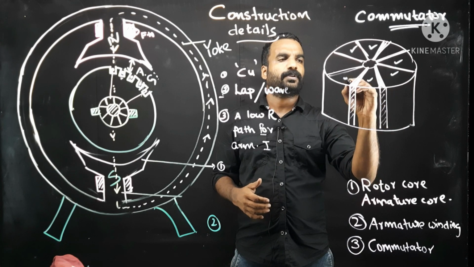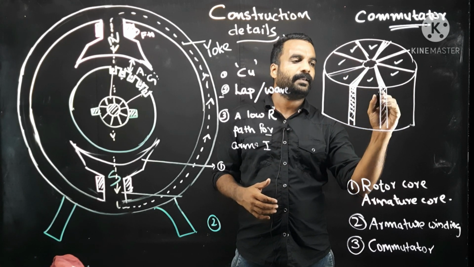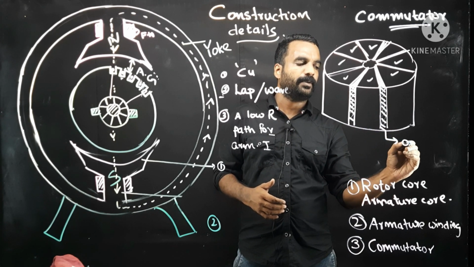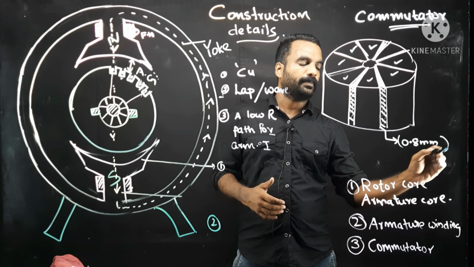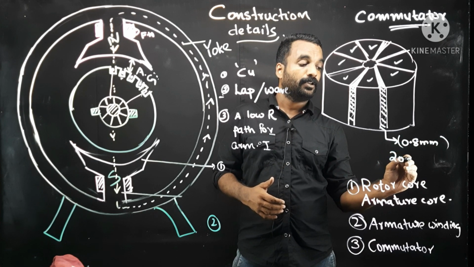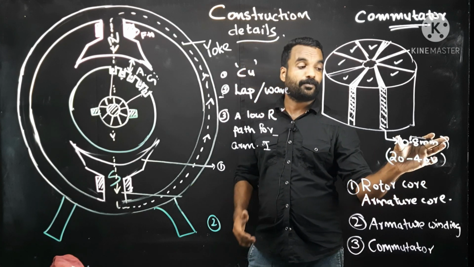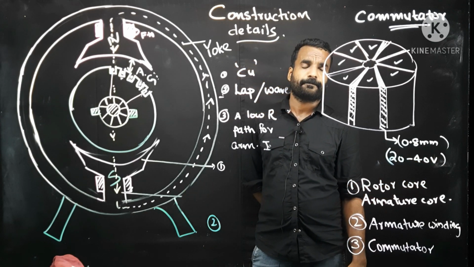Each segment is separated by mica insulation. Generally, mica insulation is 0.8 mm thick, and a mica insulation of 0.8 mm thickness can withstand 20 to 40 volts.